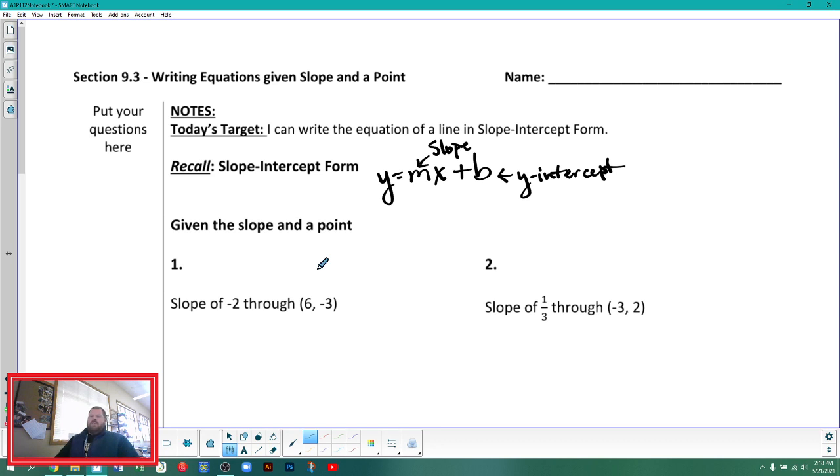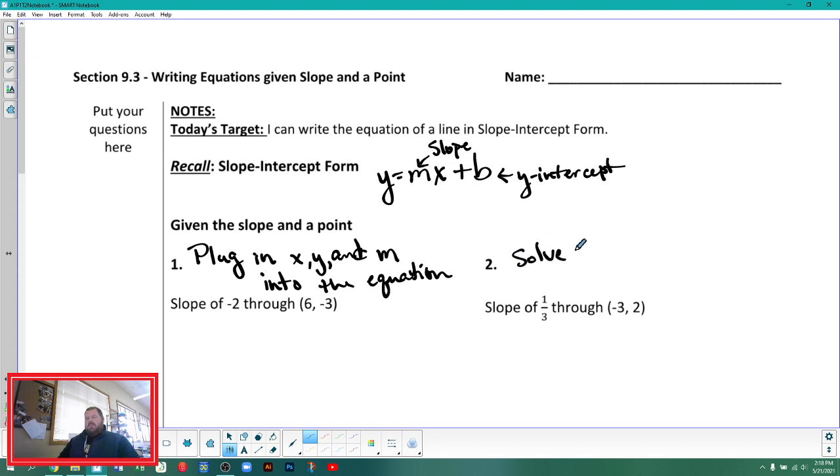So if I'm given the slope and a point, the first thing I want to do is plug in x, y, and m into the equation. And from there, I'm going to solve for b.